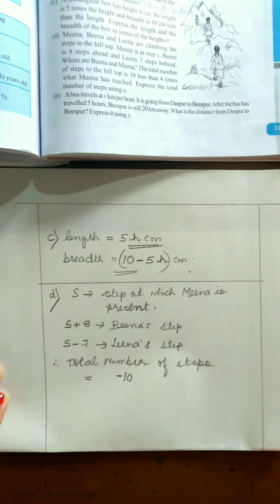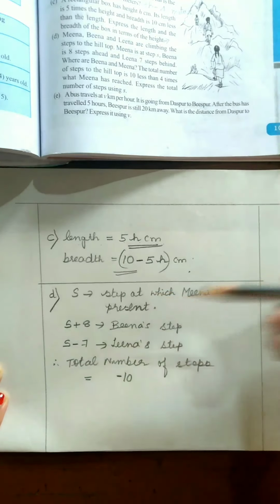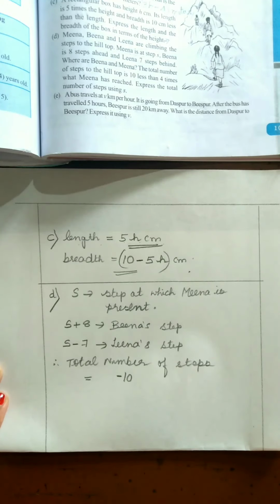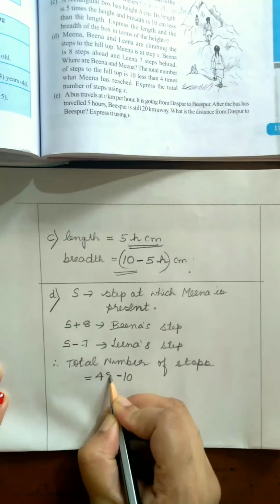So, s is the step at which Meena is present. So, 4 times what Meena has reached means 4 into s.